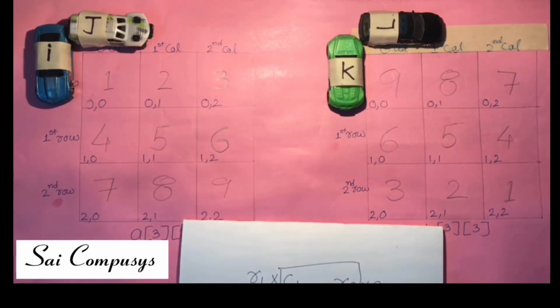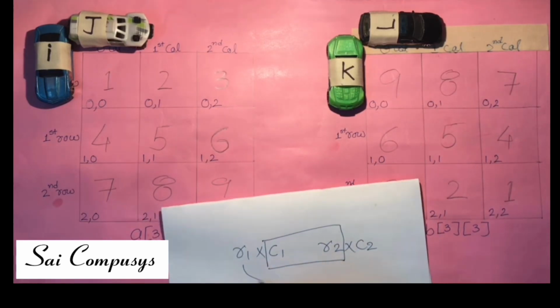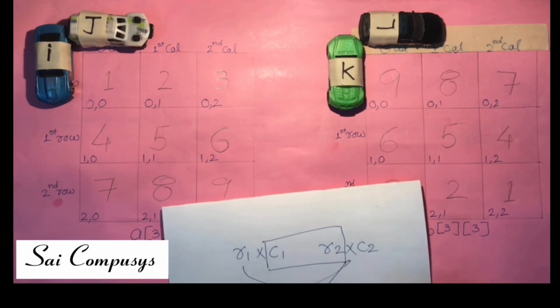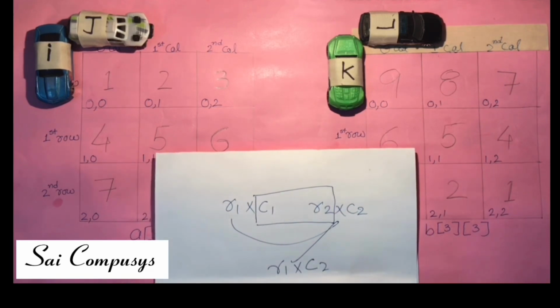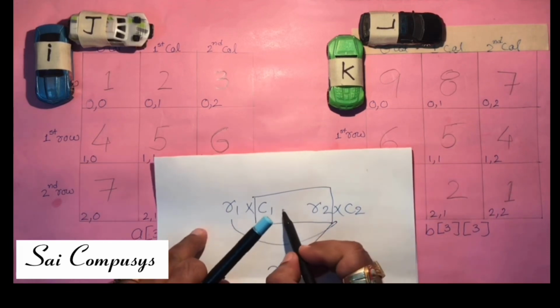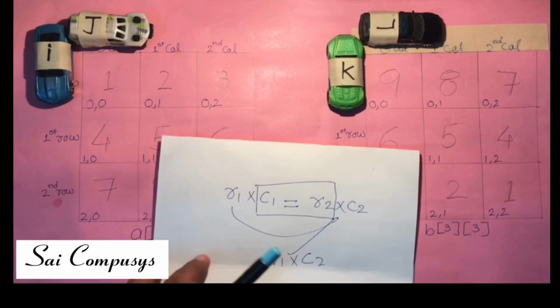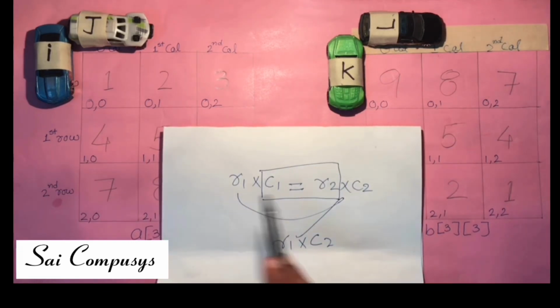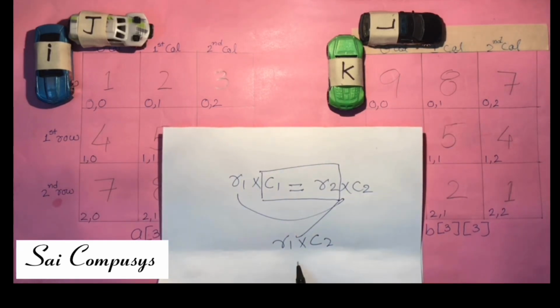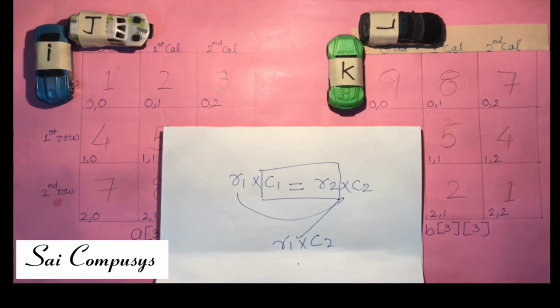Now the resultant that will be generated by multiplying these two matrices will be of the order R1 C2. So I have the condition in front of me that C1 must be same as R2 to multiply the two matrices, and R1 C2 will be the order of the resultant matrix.